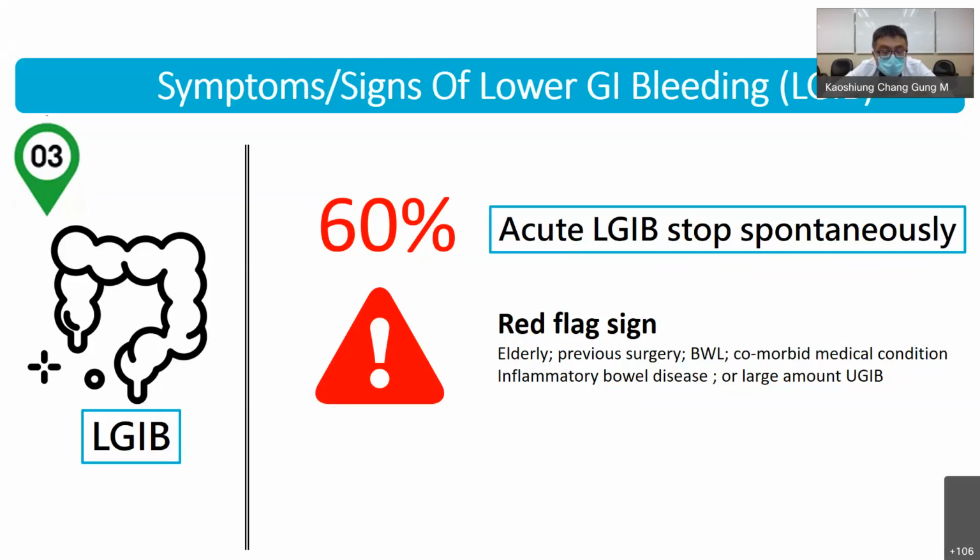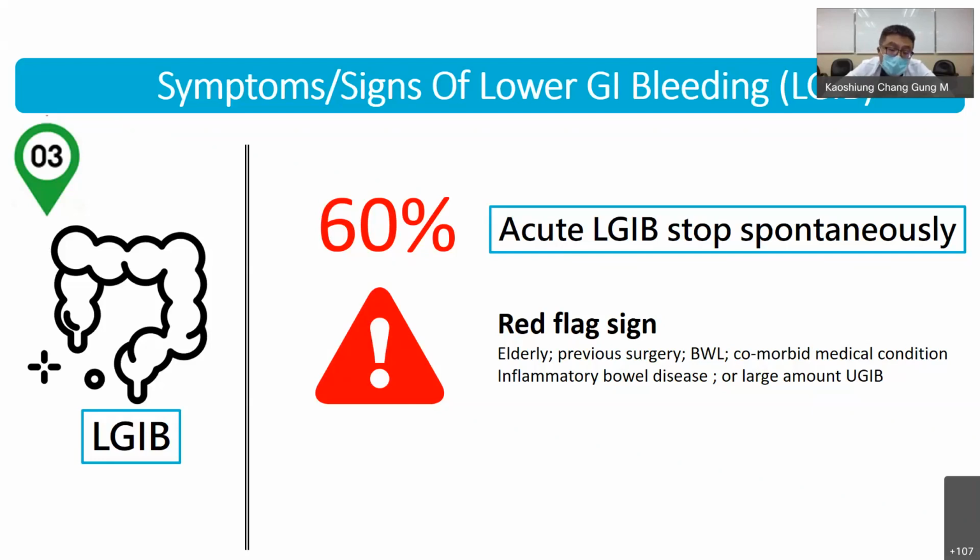If patients have red flag signs, you need to be more aware of these patients. For example, if patients are elderly, have previous GI tract surgery, have significant body weight loss, or have multiple comorbidities and multiple medication use, okay?